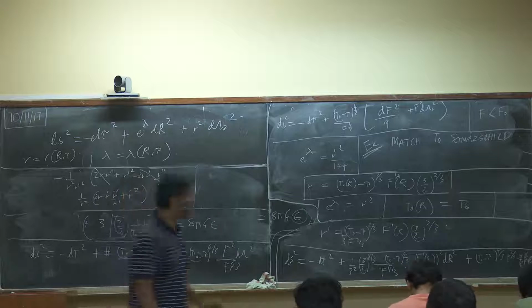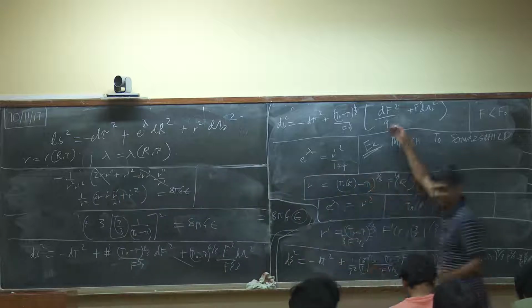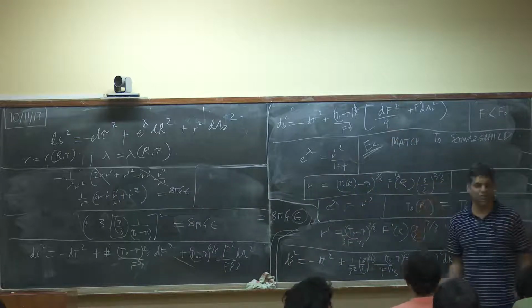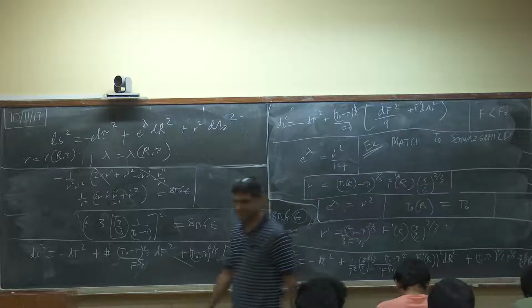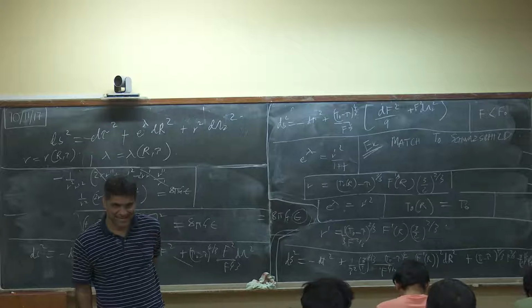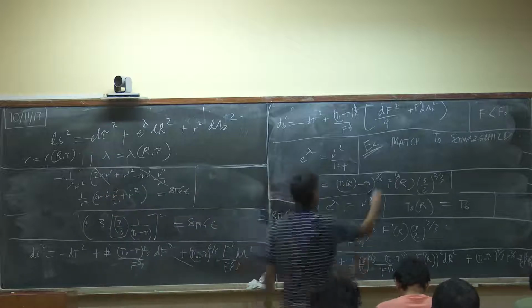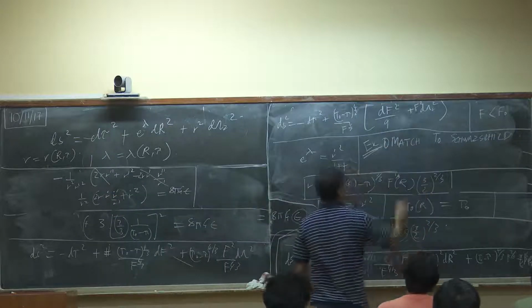So you're going to have to do some sort of coordinate change and then match the solution to Schwarzschild. Is this clear? This is the first exercise.